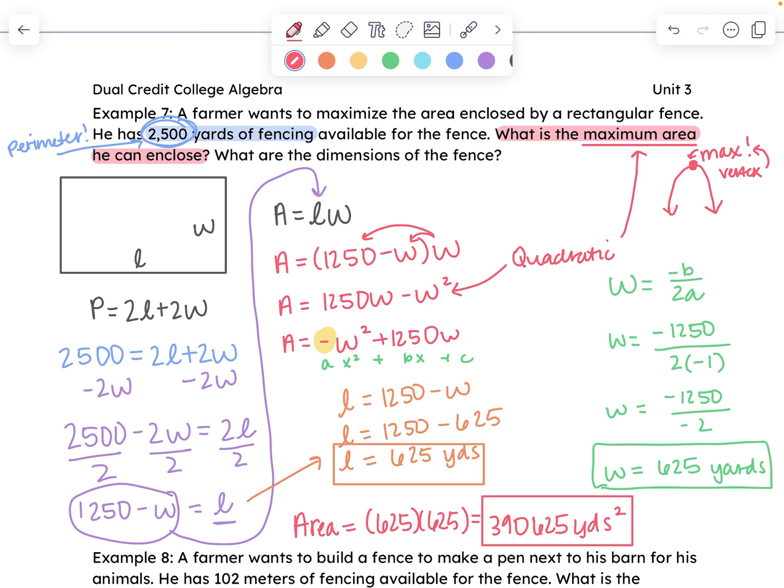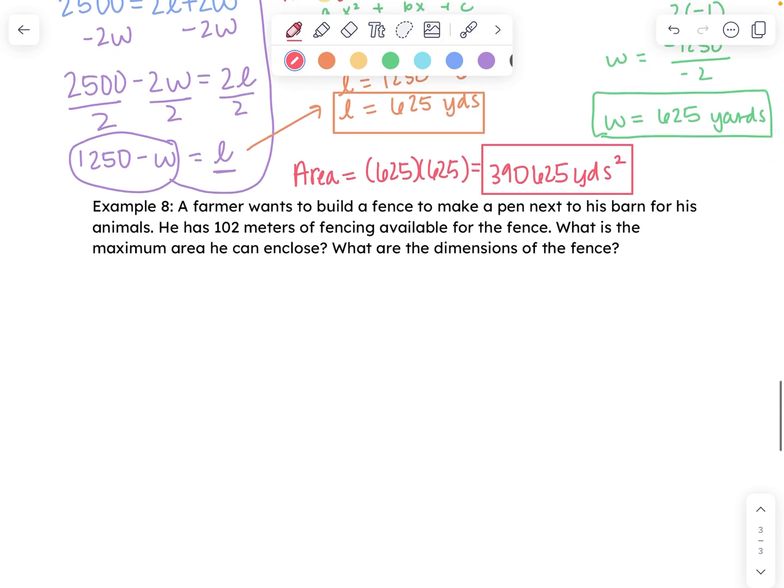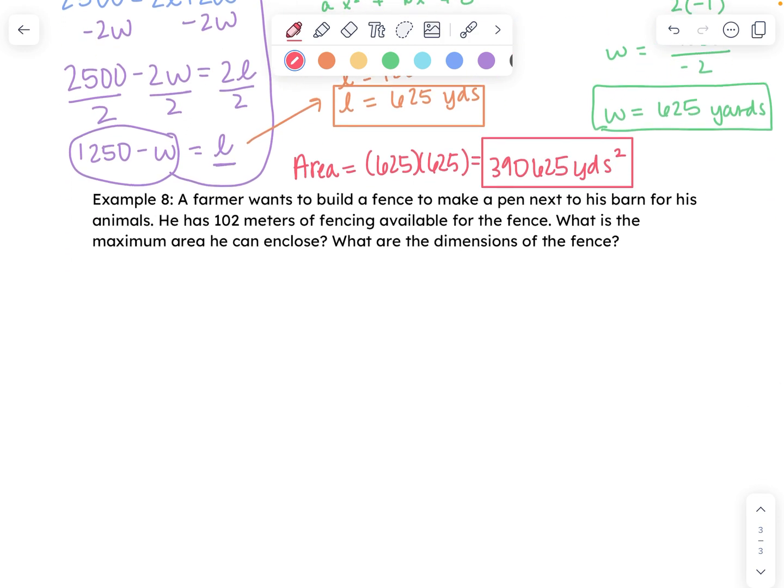Okay, we got one more to look at. It's kind of similar, there's just one little difference. The farmer wants to build a fence to make a pen next to his barn. If we're making it next to his barn, that's where we get a little bit different. So let's say his barn is over here. I'm not good at art, so please don't judge my drawing.